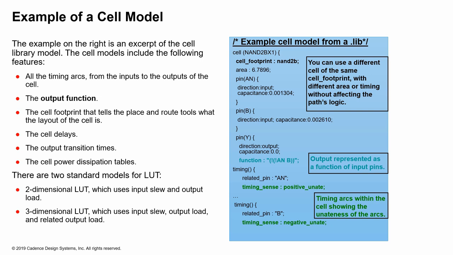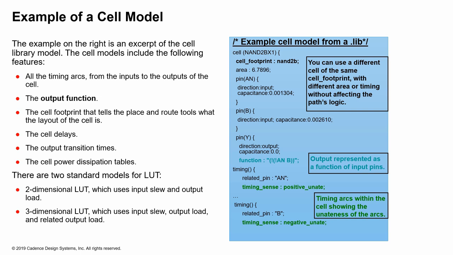These are what you would see as the lookup tables, and you also have all the timing arc information for all the inputs to outputs, what is the output function. So all of these different things are actually listed, and the lookup tables, the accuracy of it depends on the accuracy of the SPICE simulations.